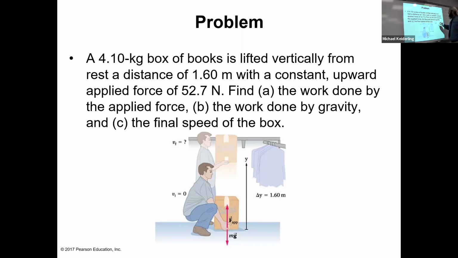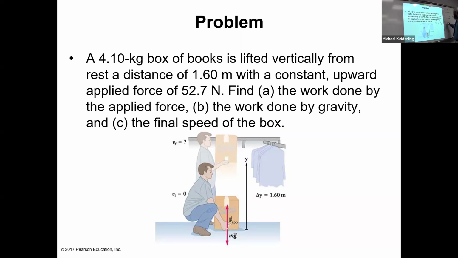So let's do part A. You want the work done by the force. That's the force times the distance times the cosine of the angle between them. Well, force is 52.7 newtons.